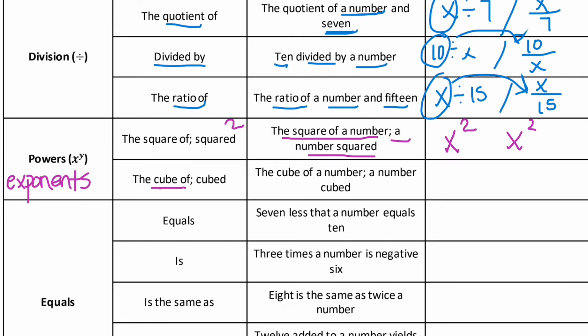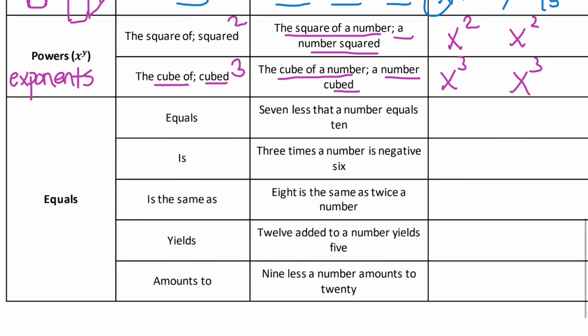The cube of a number means the power of 3. The reason is because squares are a 2-dimensional figure. So square is an exponent of 2. A cube is a 3-dimensional figure. So it gets an exponent of 3. So the cube of a number, x cubed. An exponent of 3 we call cubed. A number cubed, x cubed. And those are your exponents.